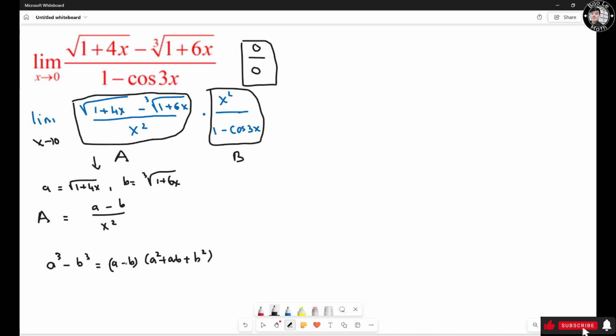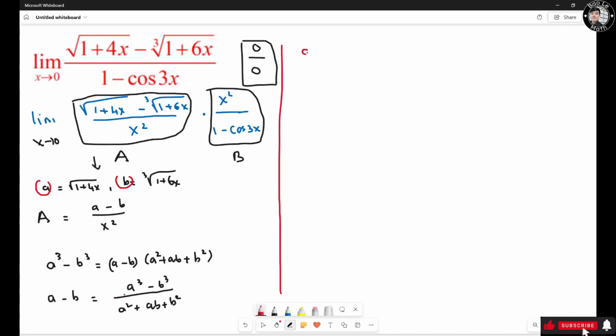Then you need to solve for a minus b, so a minus b equals a cubed minus b cubed over a squared plus ab plus b squared, right? Now you substitute this guy right here and this guy right here into the formula right here, right? So it turns out to be a minus b equals a cubed, which means this guy right here cubed.